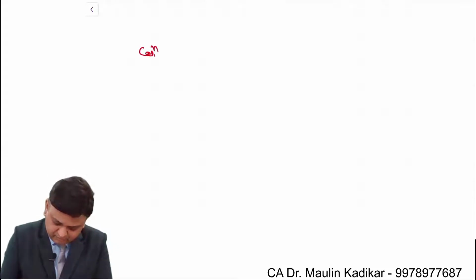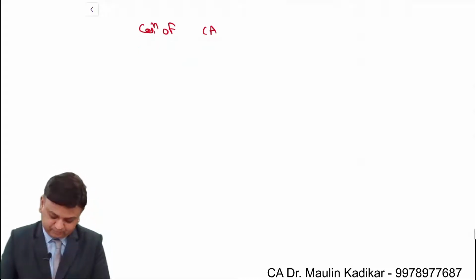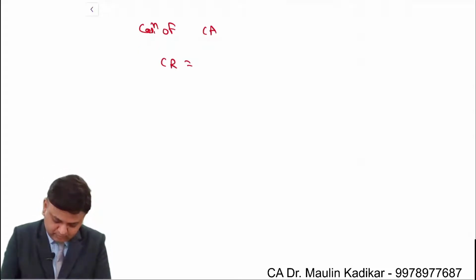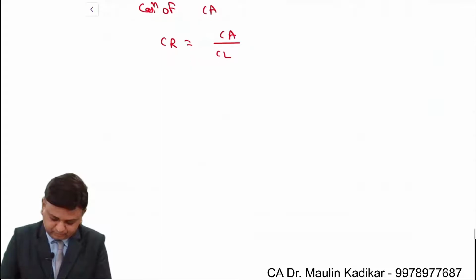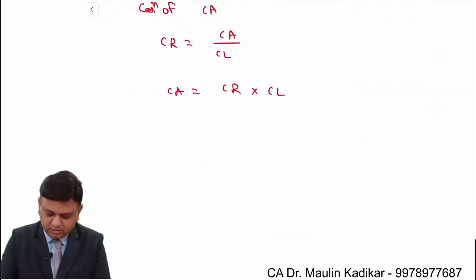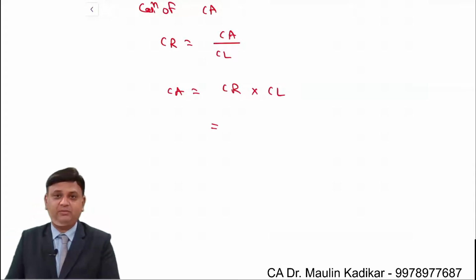Calculation of current assets. Current ratio is equal to current assets upon current liabilities. So current assets is equal to current ratio into current liabilities.